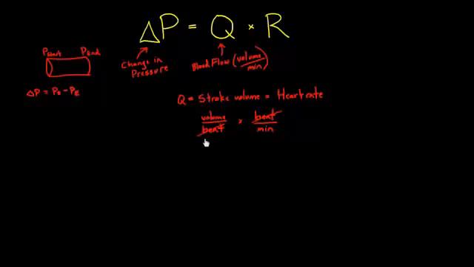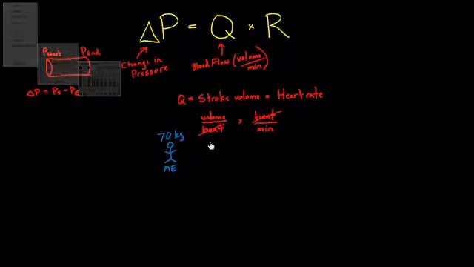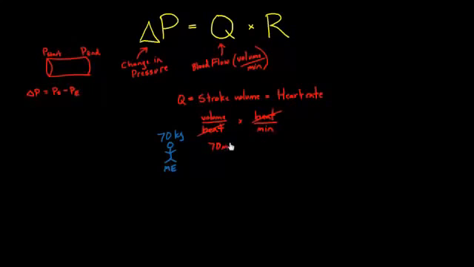And it just happens to be that I'm about 70 kilos. That's me. And for a 70 kilogram person, the stroke volume is about 70 milliliters. So for a 70 kilo person, you can expect about 70 milliliters per beat. And as I write this, let's say my heart rate is about 70 beats per minute.